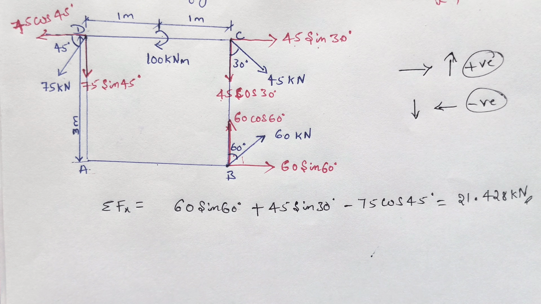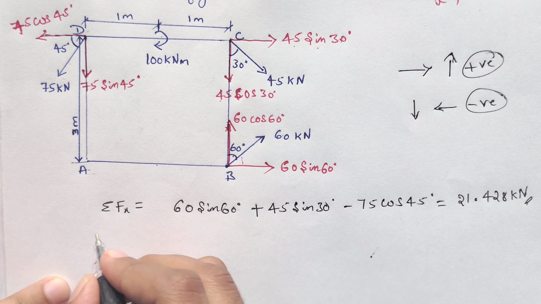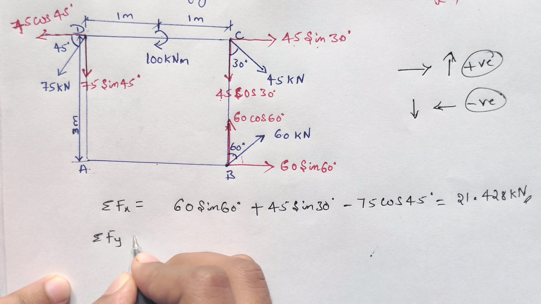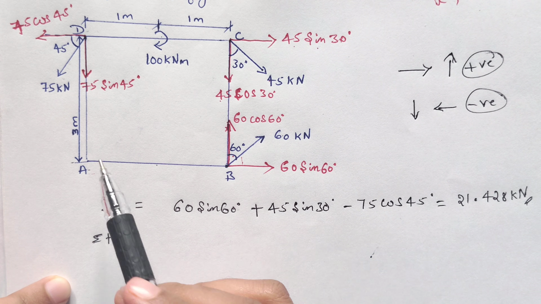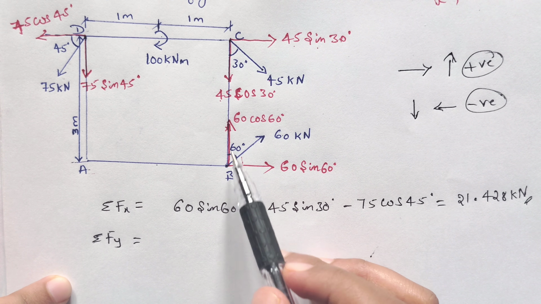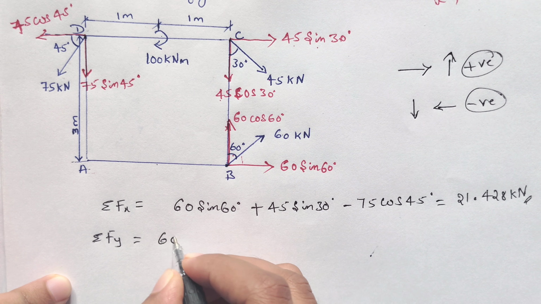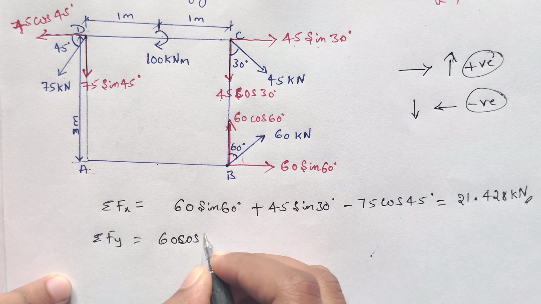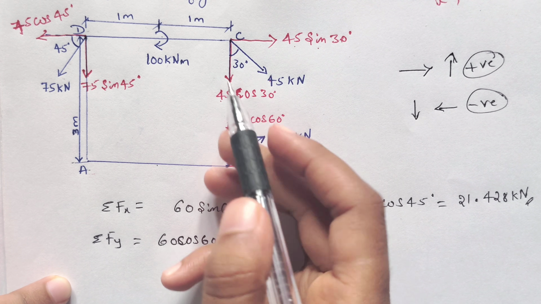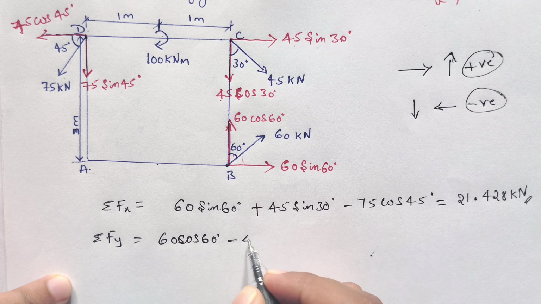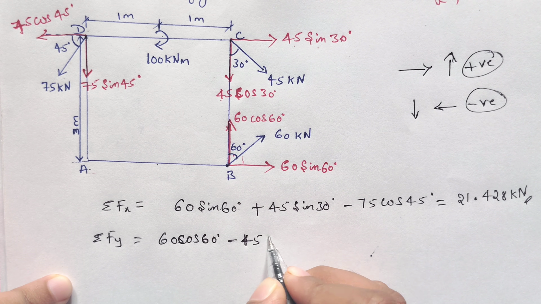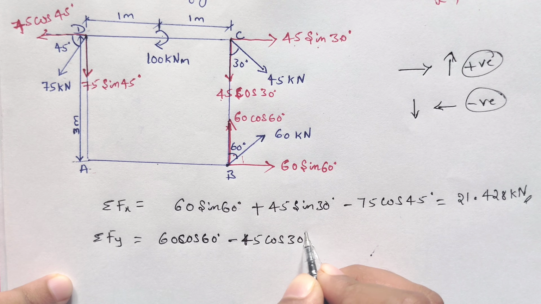Similarly, you have to calculate for sigma Fy. Sigma Fy. What are the vertical forces? So this one moving upward, it will be 60 cos 60. This is moving downward, it will be minus 45 cos 30.